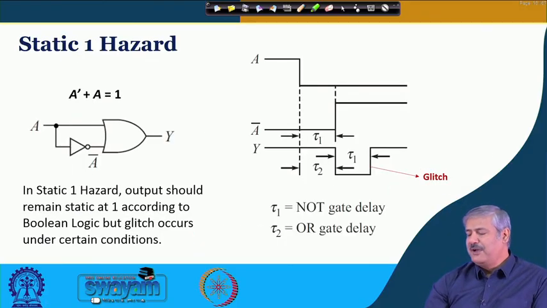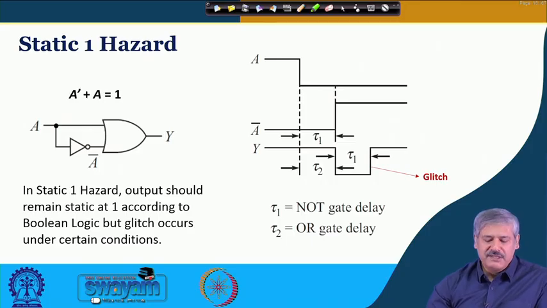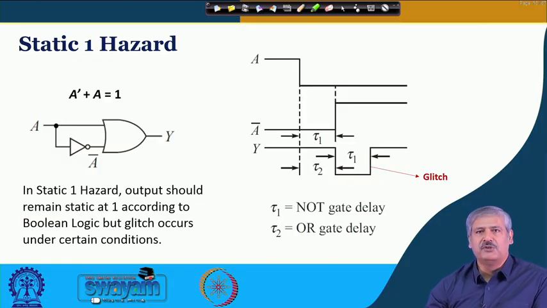Now, we define static 1 hazard. What is it? A static 1 hazard is the case when the output is to remain static at 1 according to the Boolean logic or algebra expression, but a glitch occurs under certain conditions.